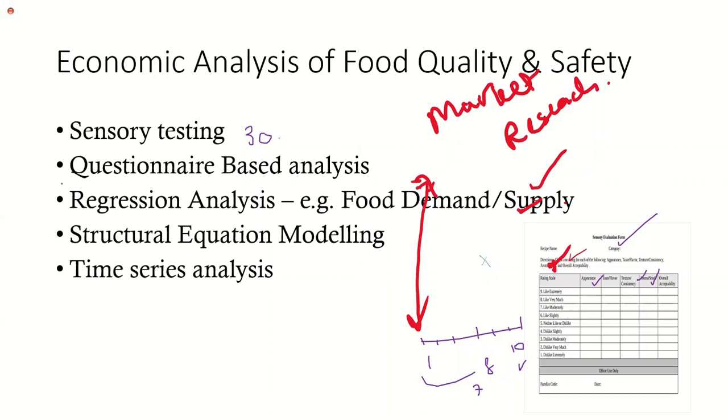Sensory quality. Then another very widely used tool is questionnaires. For social science research and economic research, you use questionnaires a lot. From a questionnaire, you can collect data. When it comes to data, there are two types: primary data and secondary data.